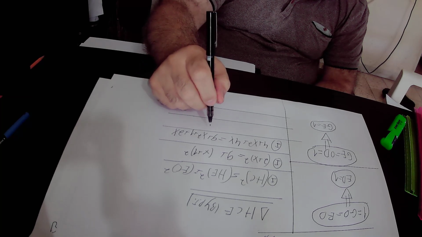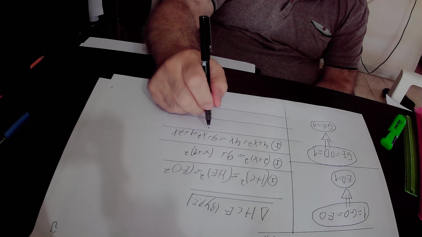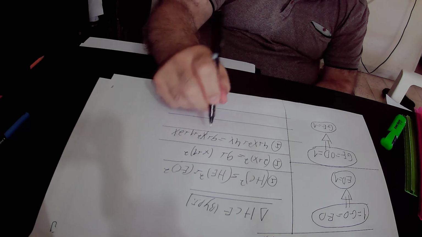So here we have x squared on both sides of equation number 1, so x squared will get cancelled.